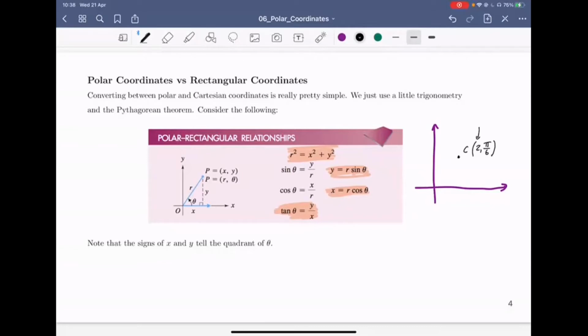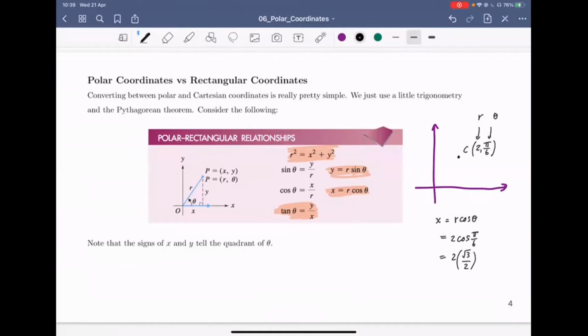So this is your r, and this is your theta. x equal to r times cosine theta, so x is going to be 2 times cosine pi over 6. Cosine pi over 6 is square root 3 over 2.